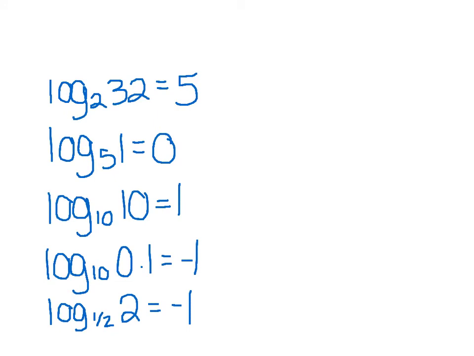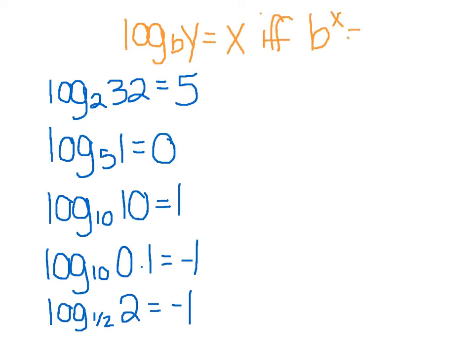So looking at some examples, I'm giving you some logarithmic forms and I want them to be written in exponential form. Going back to what we just learned, we have to remember log base b of y equals x if and only if b to the x equals y. You really need to memorize this. So if I'm given log base 2 of 32 equals 5, here's my b, here's my x, so 2 to the 5th, b to the x, equals 32.